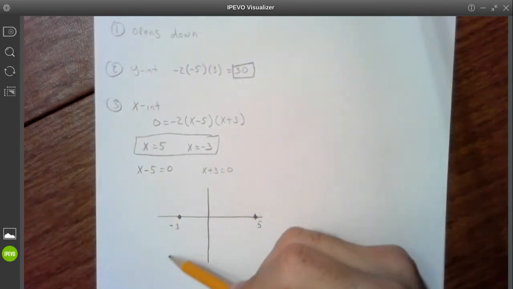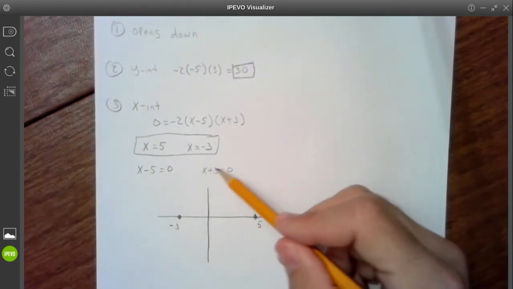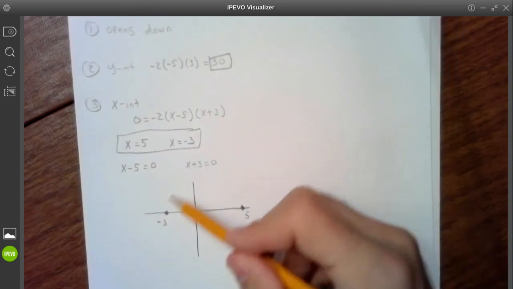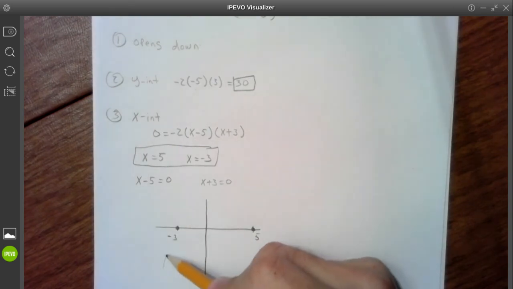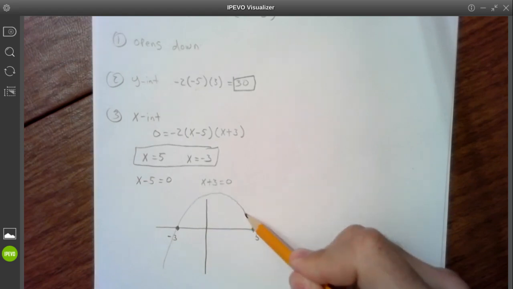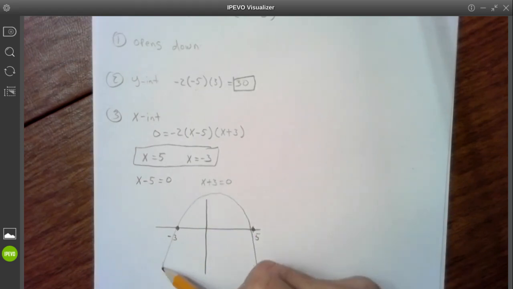Because it's opening down, I know it's got to have some shape like this. That information alone gives me a rough idea for what the graph's going to look like. I would just draw something like this, and that's basically what the graph's going to look like.